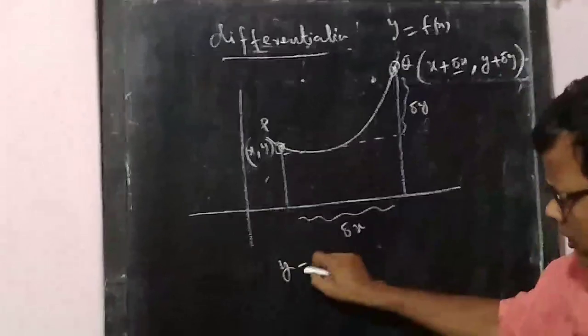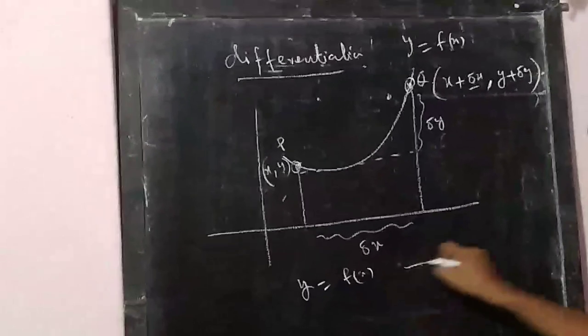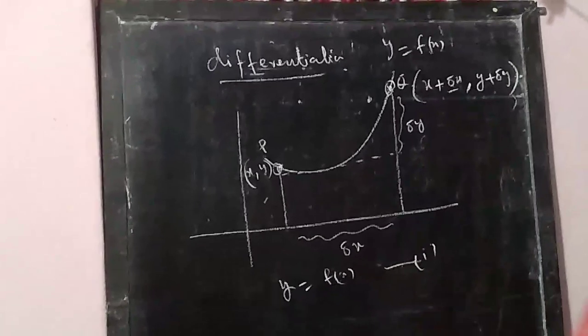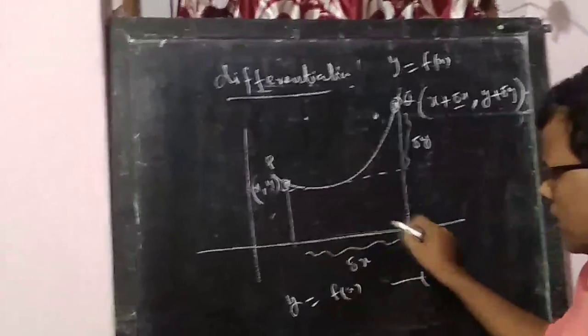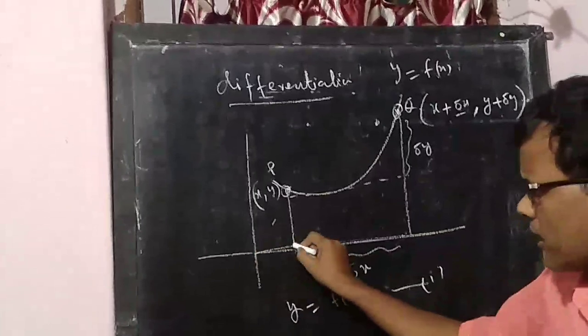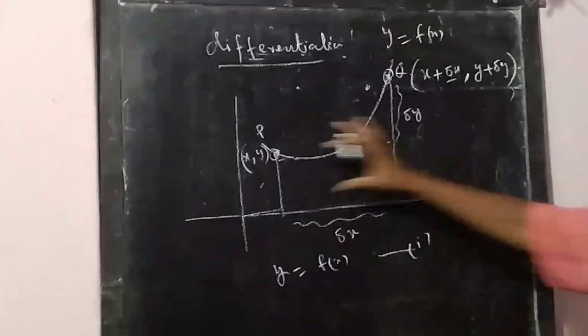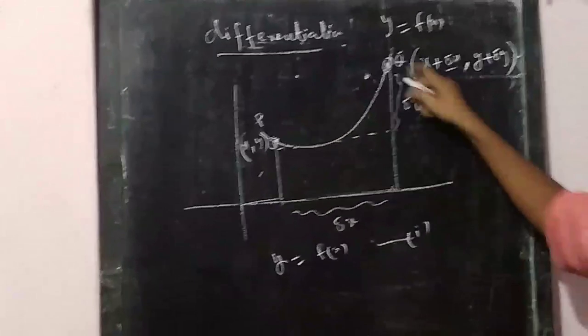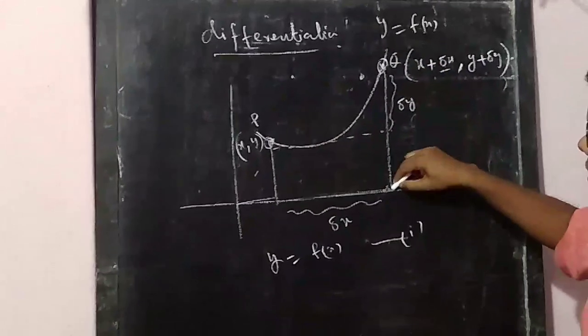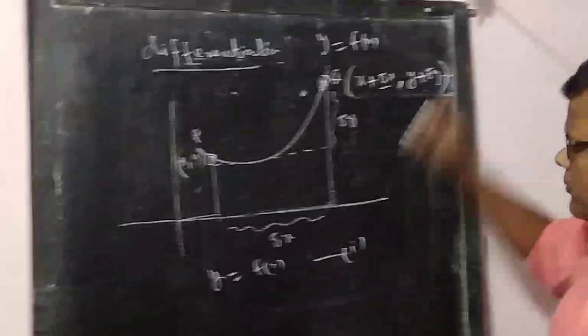So here y is equal to f(x), this is equation 1. Delta x is the increment over x, so this total distance is x plus del x, and this is y, and this is del y, so this distance is y plus del y.